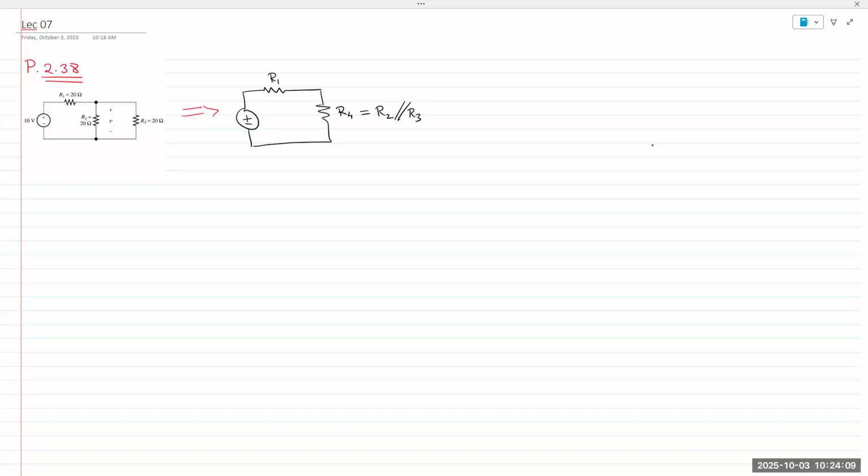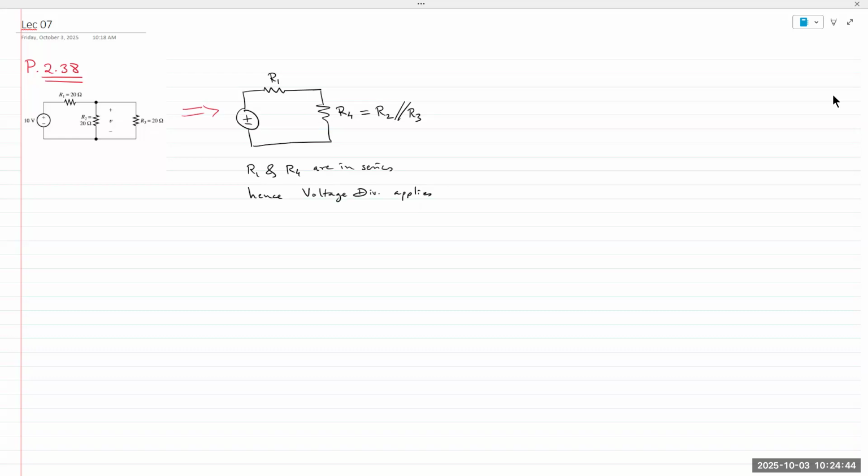And now I have two resistors in series. And hence now we can apply voltage division. So straightforward as far as problems go. Make sense to everyone? Right.